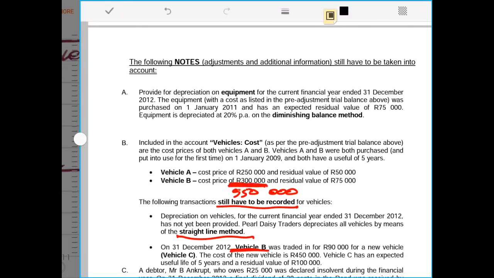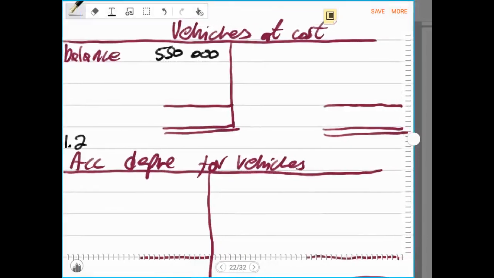Then we know that motor vehicle B, that costed the company 300,000 rands, was disposed. So now we must remove the cost of this asset from the books of the business. Therefore now the contra entry under the asset will be asset disposal, where we record the cost of the asset that was disposed being an amount of 300,000 rands, only the cost of the asset that was disposed.